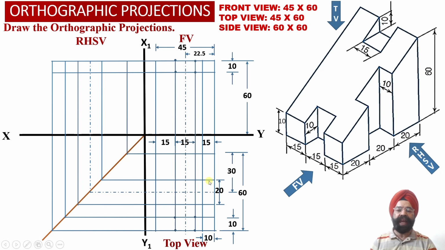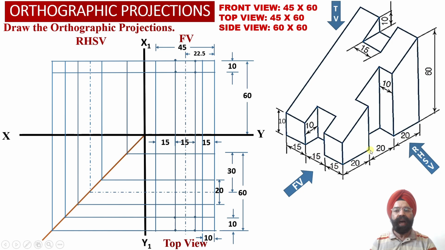Now we observe that the moment we draw these two horizontal projector lines, we have been able to obtain true shape projections corresponding to this rectangular slot which is available alongside the depth of the solid over here. So this is again a vertical rectangular slot.